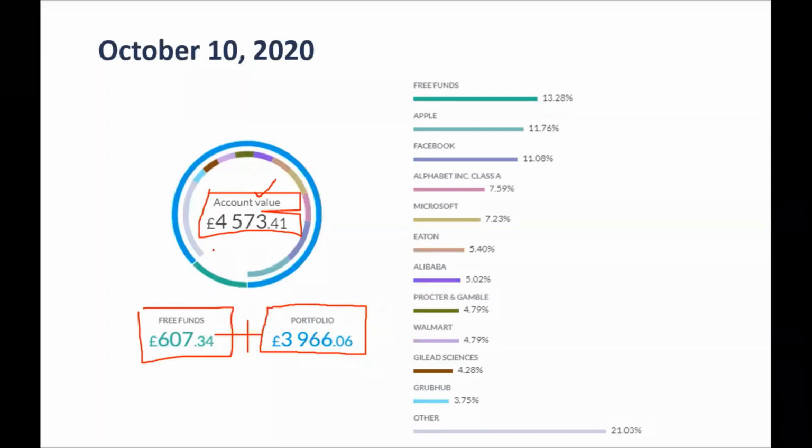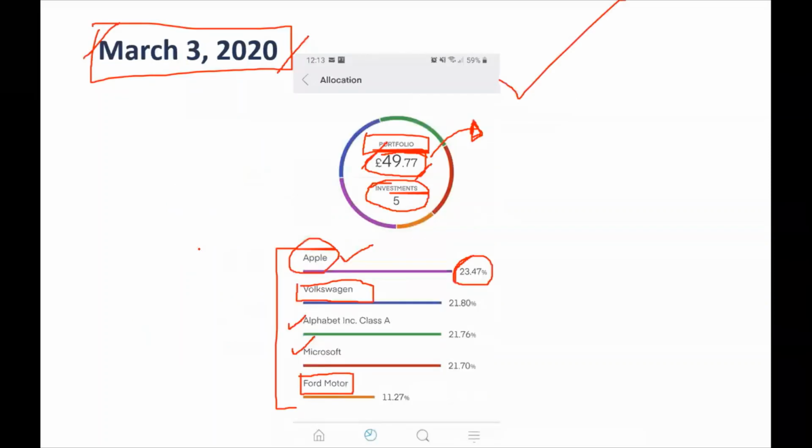What do you see? The slice, what you saw earlier, the portfolio was sliced into how many parts? 1, 2, 3, 4, 5. You see the slice? How many slices? 5 slices.